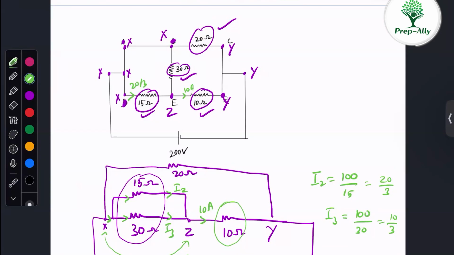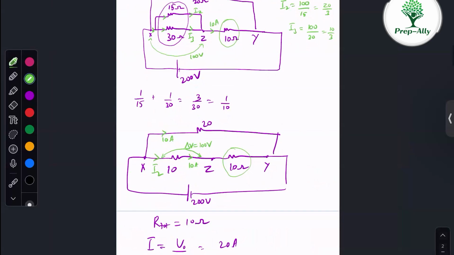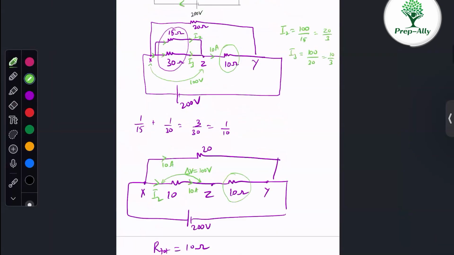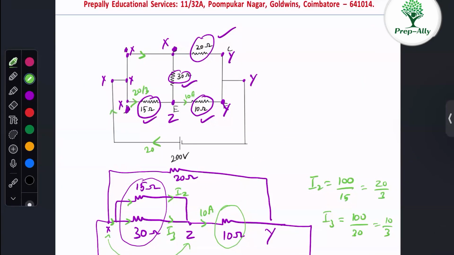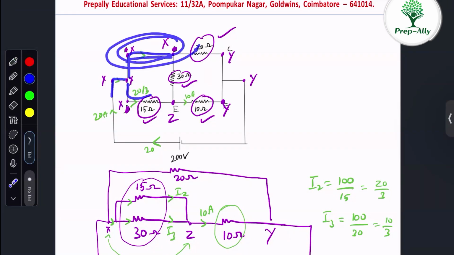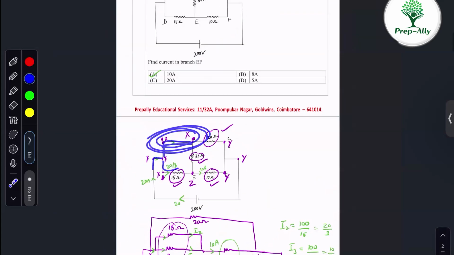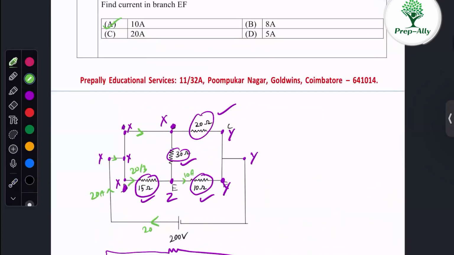So immediately we can say what is the current in this branch, because the total current drawn from the cell is 20 ampere. So 20 ampere is coming from the cell, out of which 20 by 3 is going here. Then the remaining will be the current in this branch. We want the current in branch AB only. So this will be I dash.